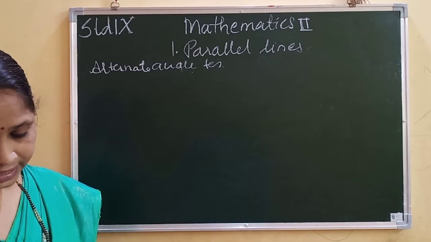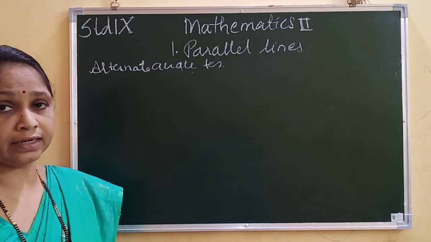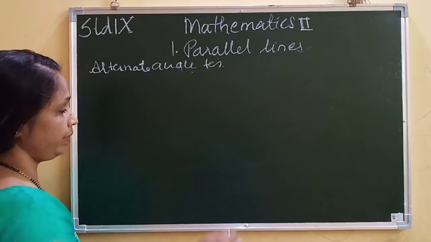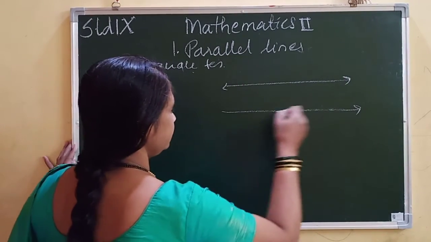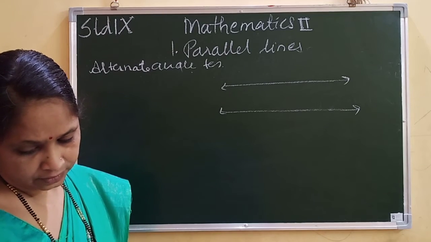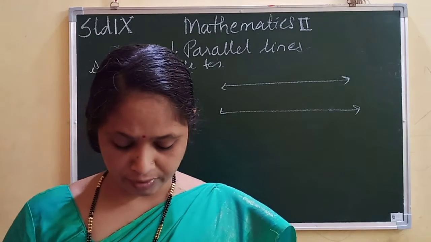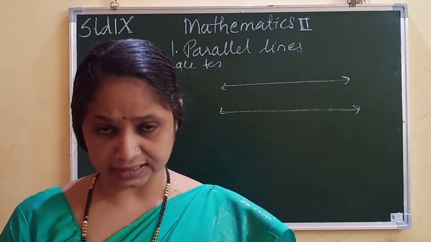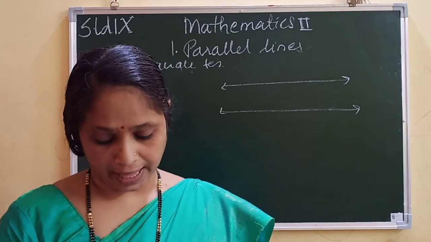In the alternate angle test, if a pair of alternate angles formed by a transversal of two lines is congruent, then the two lines are parallel.